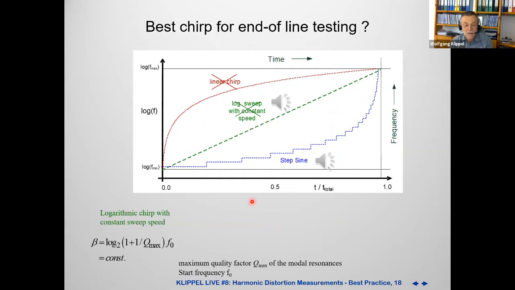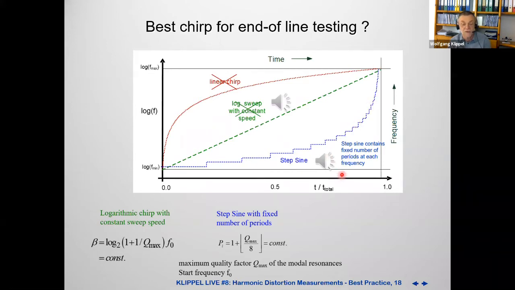So now comes in the stepped sine. Sorry, I play it again so that you hear it. Here we have multiple periods, usually a certain number, 5, 3, maybe 10, but the frequency becomes higher and the period length becomes shorter at higher frequencies.